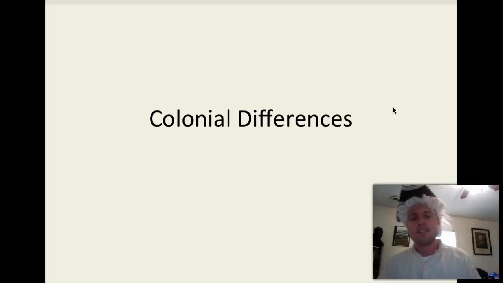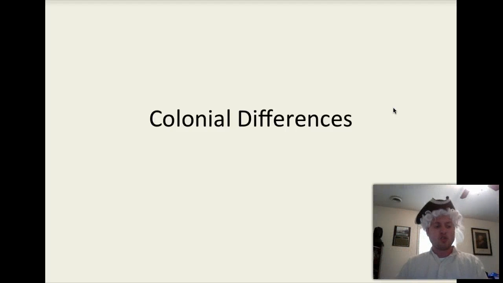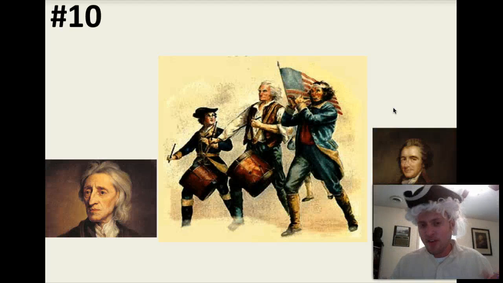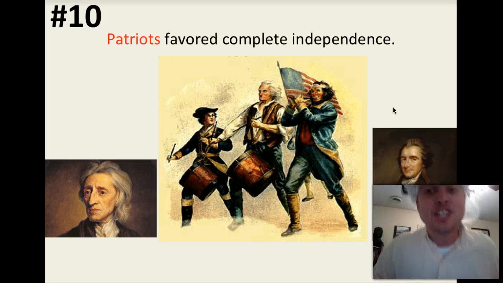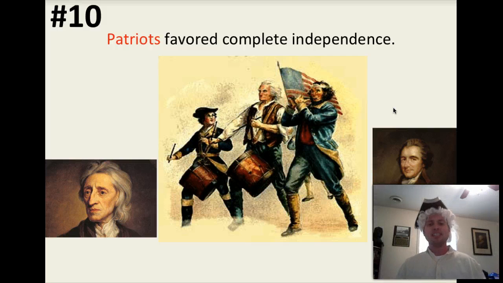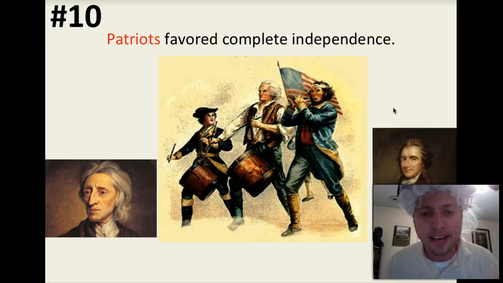All right. Next subject, colonial differences. Question number 10. You see, there are people that think about this whole thing pretty differently. Well, one group are the Patriots. The Patriots favored complete independence from Great Britain. Get rid of the crown. We don't want them. Get them out of here.